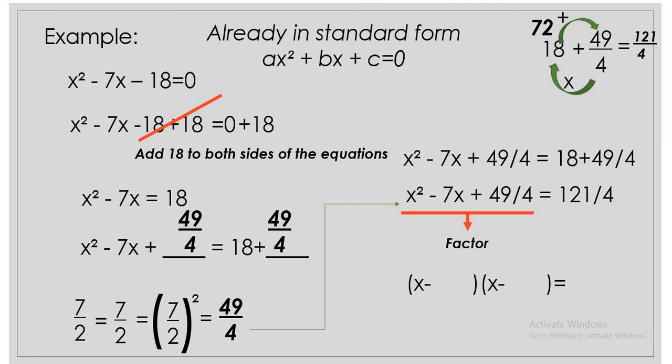Then let's now factor this part. Since this is a perfect trinomial, you will have the same factor or same number here. To do it easily, the factor of 49 over 4 comes from here. So just put x minus 7 over 2 and x minus 7 over 2 squared.